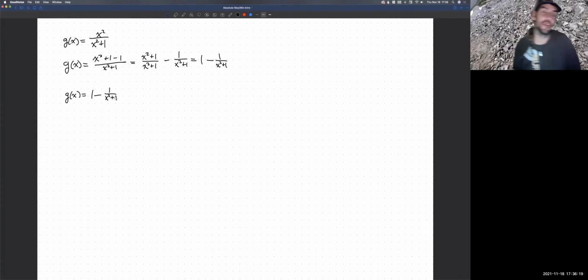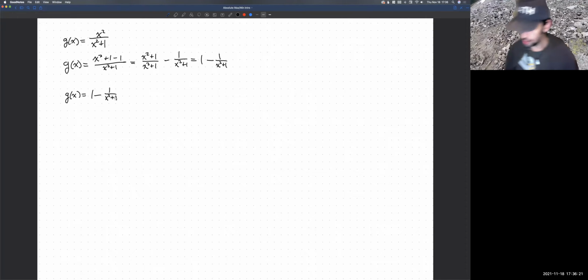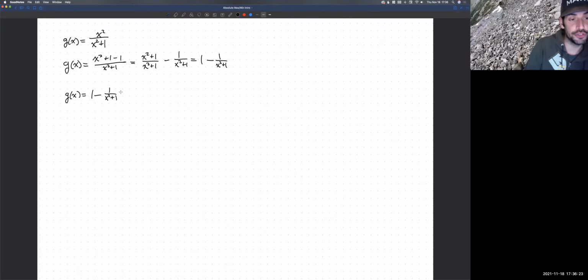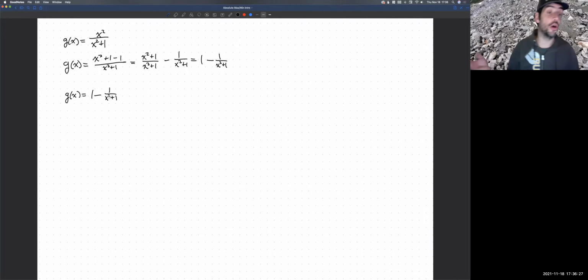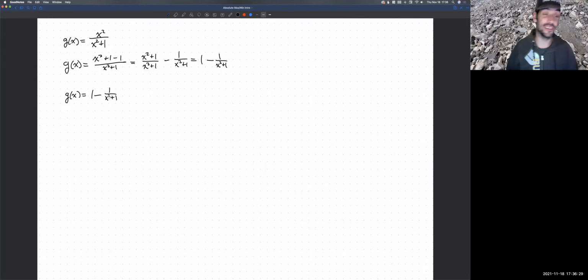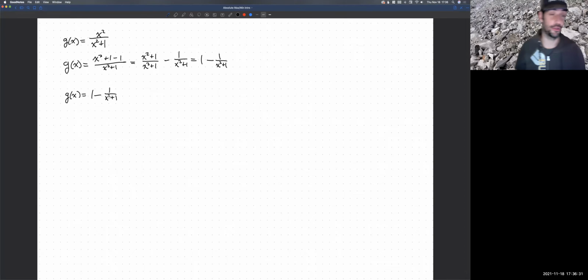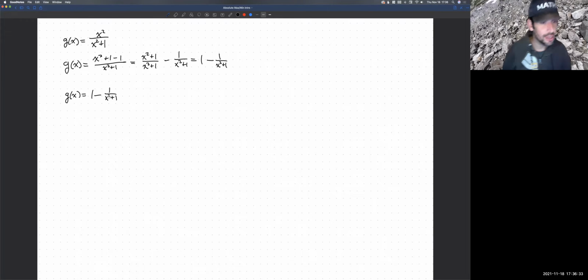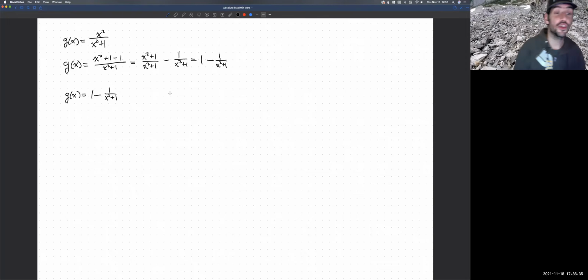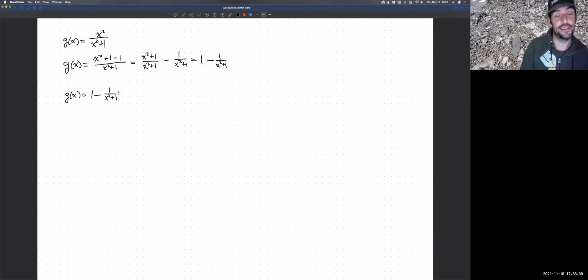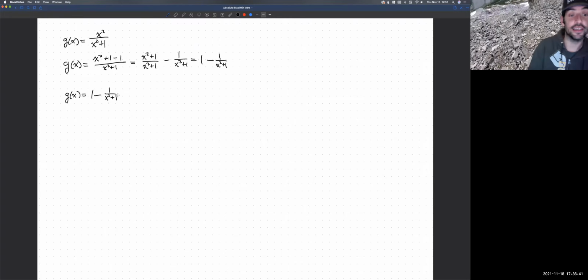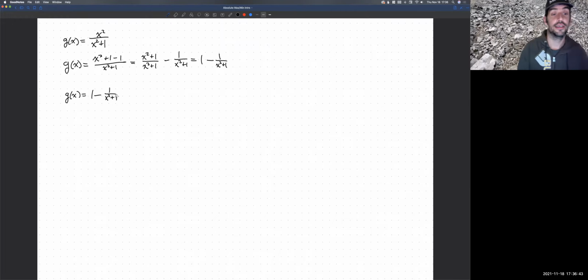Let's think about a few things that are true for this function. First of all, the denominator of this fraction is always positive, right? It's never even 0 because we've got that plus 1 there. So x squared can't be smaller than 0, and we're adding 1 to it. So the smallest this denominator is 1.